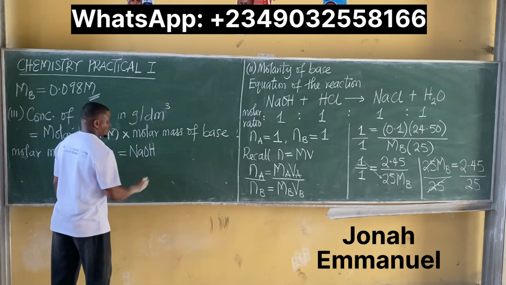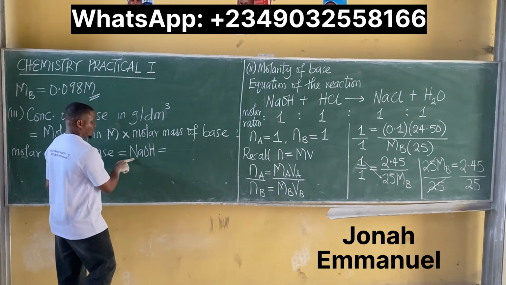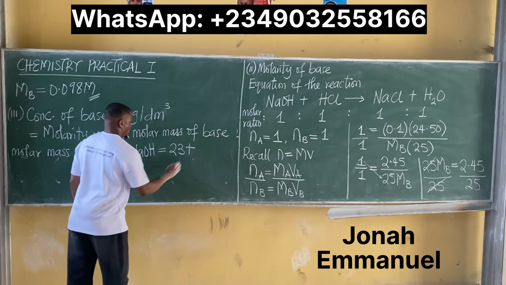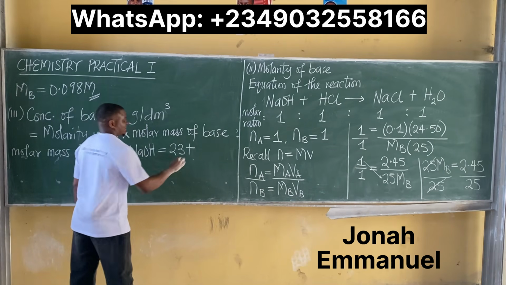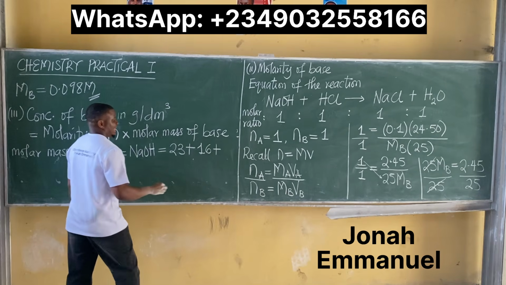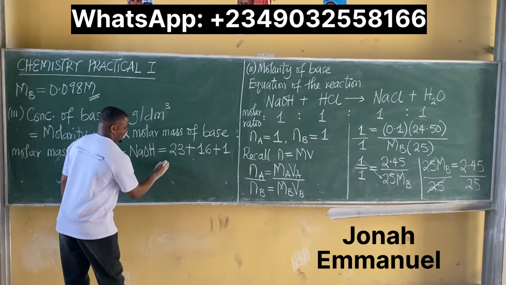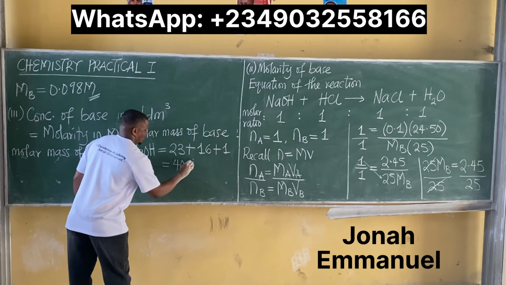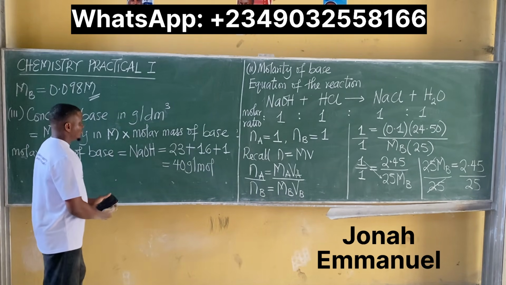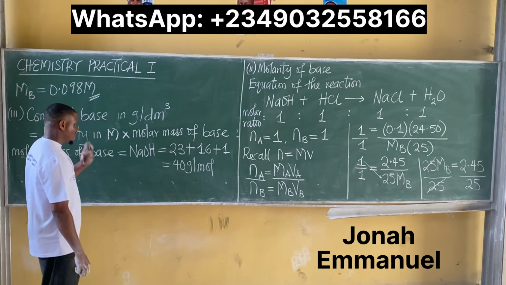What's the molar mass of sodium hydroxide? For sodium, the atomic mass is 23, plus for oxygen, atomic mass is 16, plus for hydrogen, atomic mass is 1. If you combine this, it will give you 40 gram per mole. Yes. 23 plus 16, that's about 39, plus 1, 40 gram per mole.